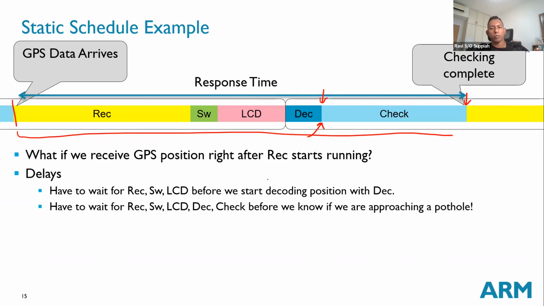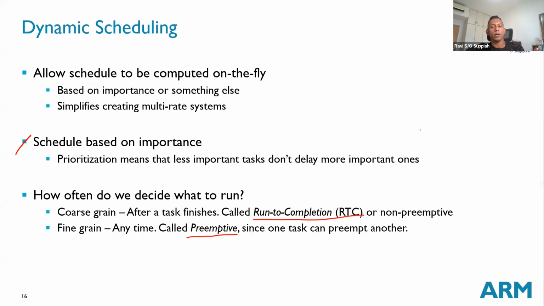So this is of course not an ideal solution, because of the non-deterministic response of the system. Again, this ties in with the fact that we ourselves don't know when the GPS data is going to come in. So if I were to do this kind of static scheduling, it is going to be a bit more of a challenge.